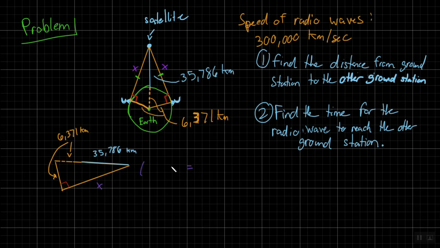So what was my hypotenuse again, Liam? 42,157 squared equals 6,371 squared plus x squared. What do we get as x squared once we square it and subtract one from the other? X squared equaled what?